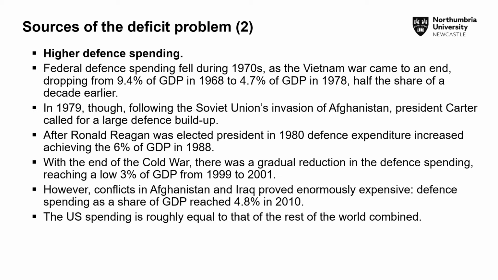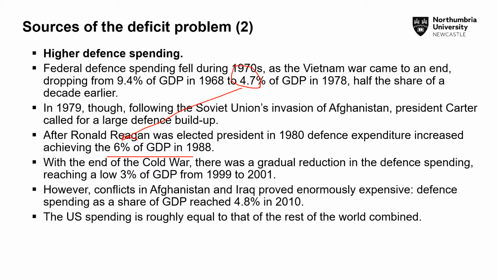However, in 1979, following the Soviet Union's invasion of Afghanistan, President Carter called for a large defense buildup. So again, expenditure increased to 6% of GDP. So we go from this level to this level. As you can imagine, government is again spending more.